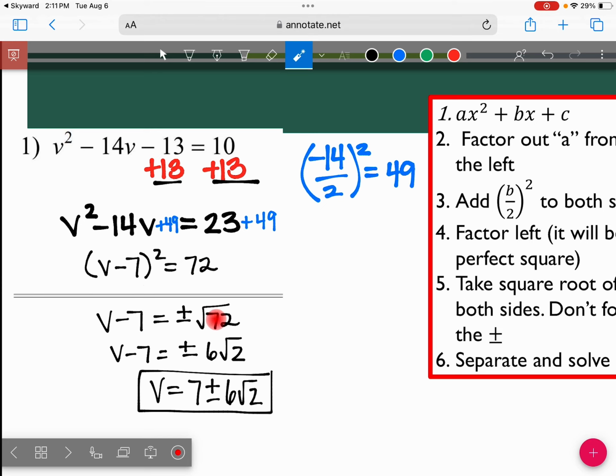Take the square root of both sides. This is not a perfect square. I didn't show it, but that 72 actually broke down to 36 times 2, which is how I got 6 root 2. And then your last step is add 7. And this would be your final answer.